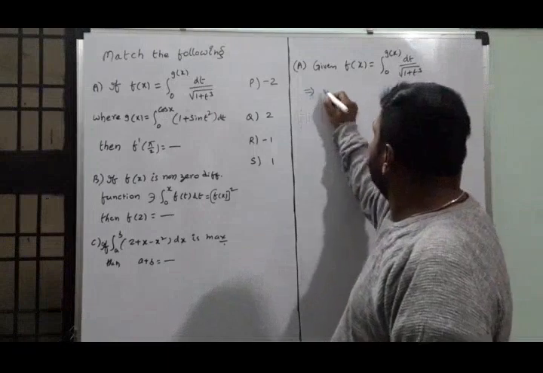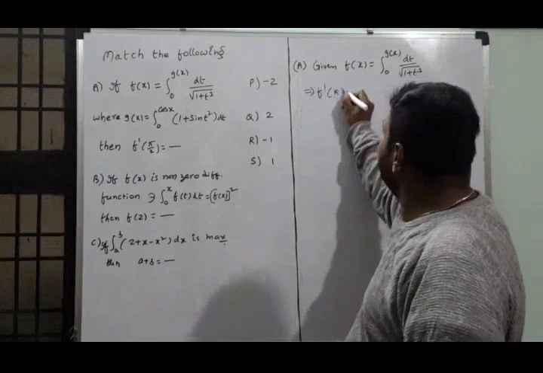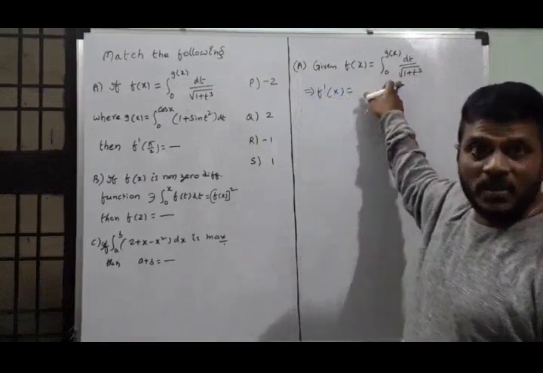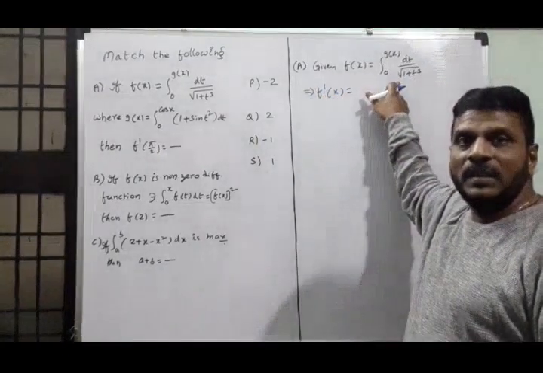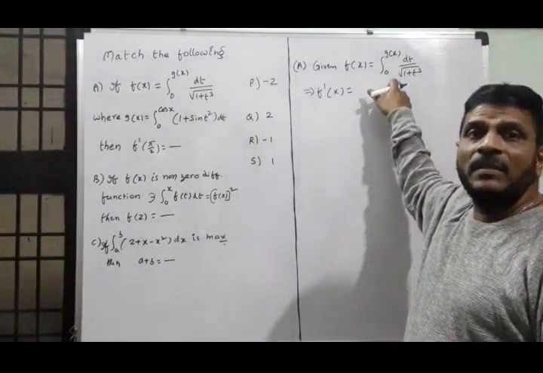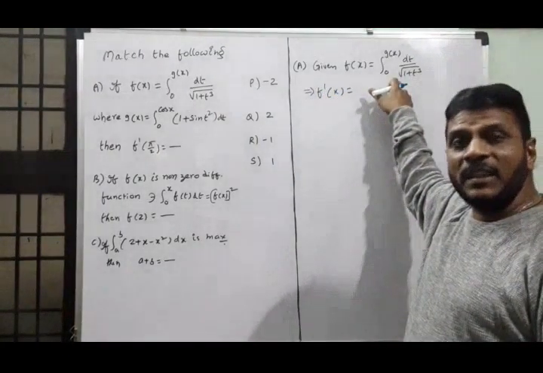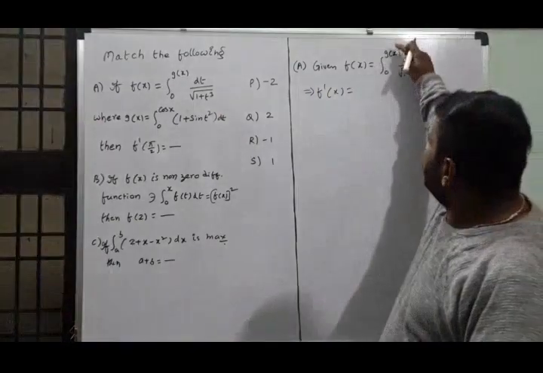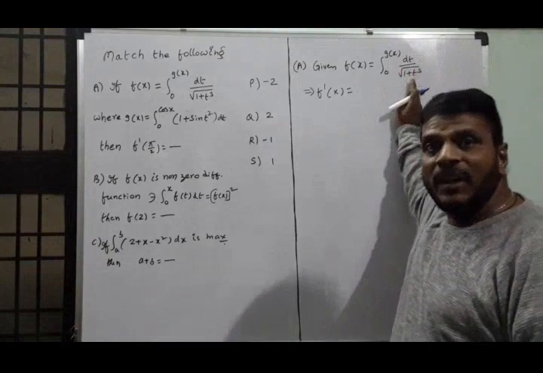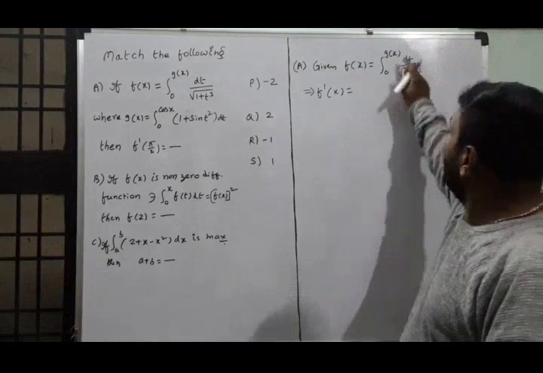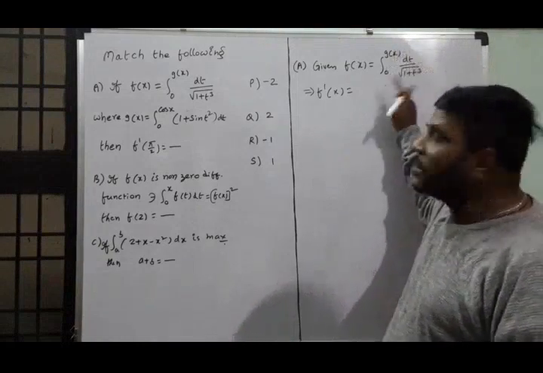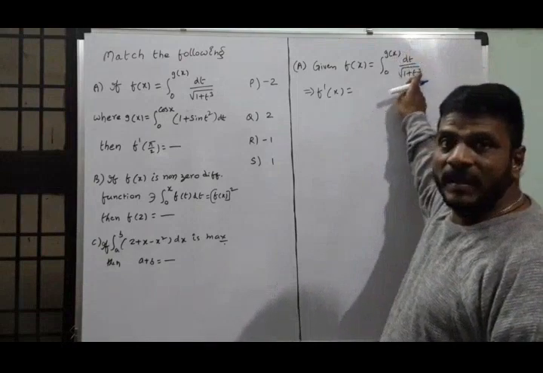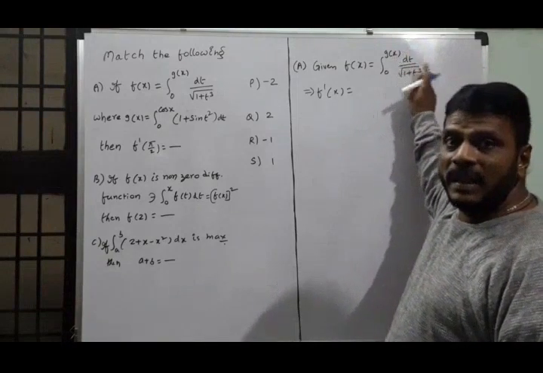So that implies f dash x is equal to, here apply the Newton-Leibniz rule. Already all of you are familiar with it. How to apply that? Substitute the upper limit in place of t, into the upper limit derivative, minus substitute the lower limit into the lower limit derivative.